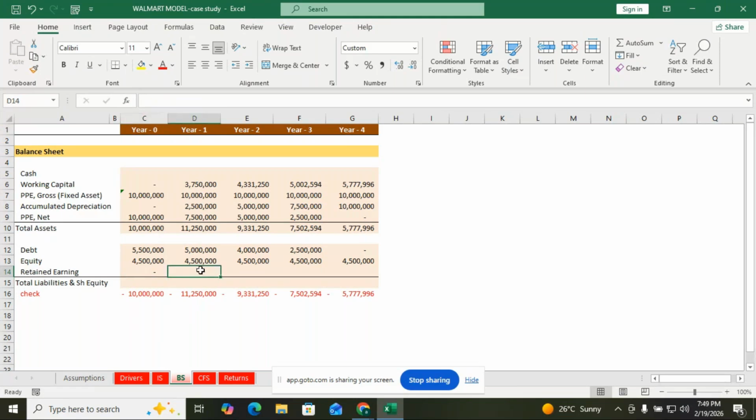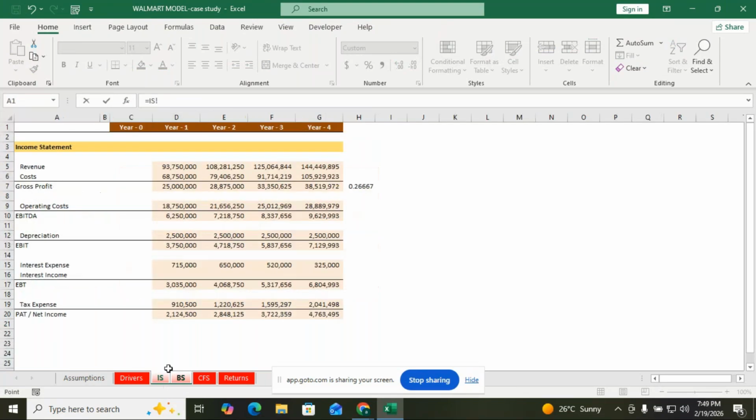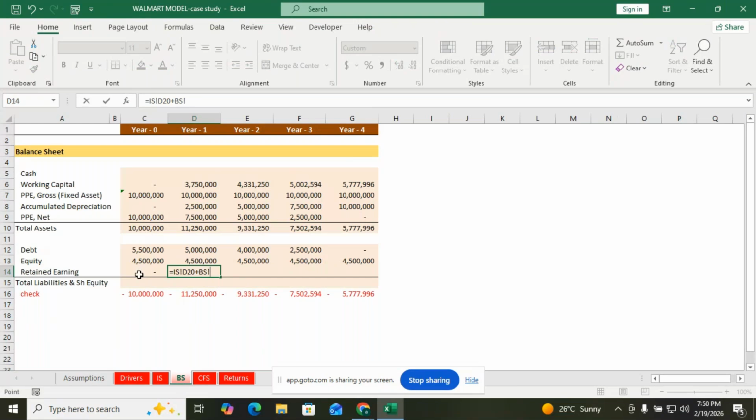For year 1 onwards, go to the income statement. Take your PAT for year 1, your profit after tax or net income, plus come back to the balance sheet, the previous year's.